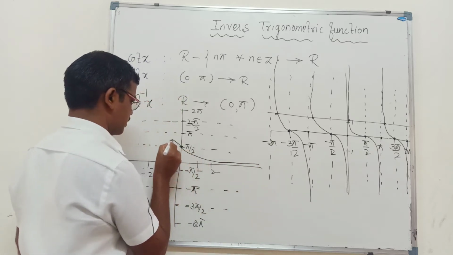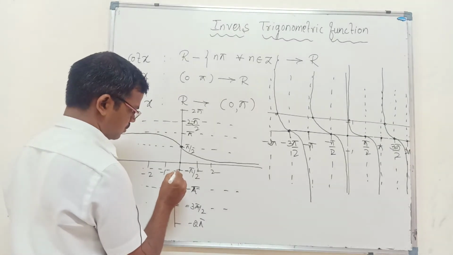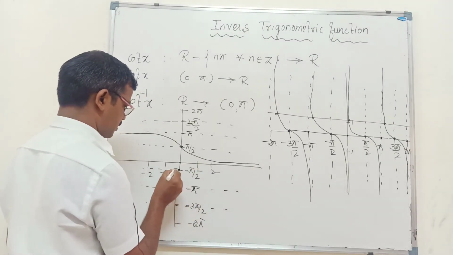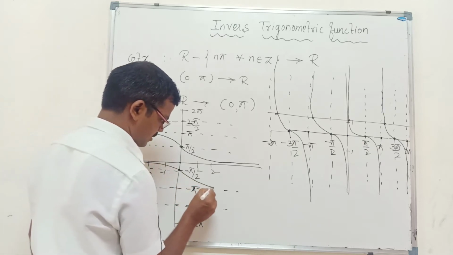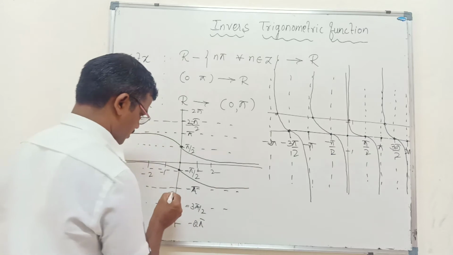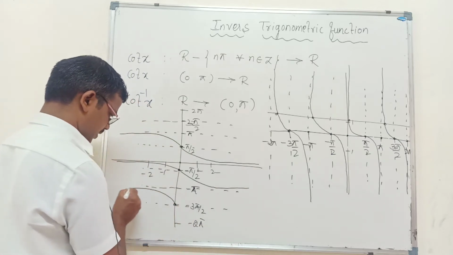So this gets the graph like this, and pi by 2 is 0. Here it is positive, here it is negative. Like this we get. So for 3 pi by 2 it is negative. So it gets like this.